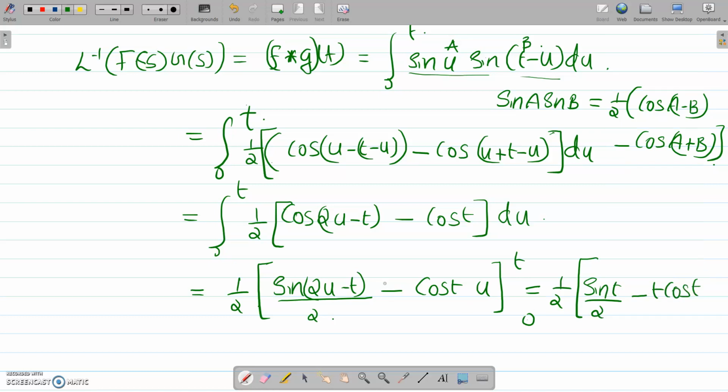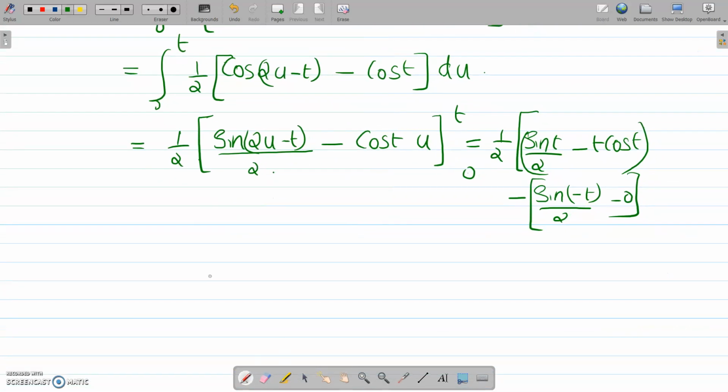Next, substituting 0, minus sin of minus t by 2 minus 0.